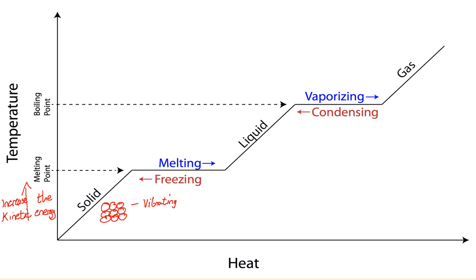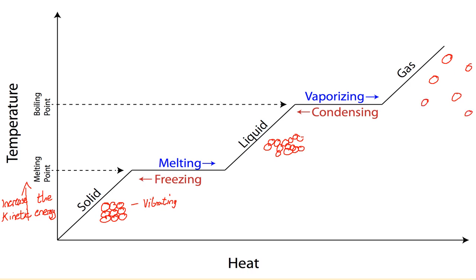At this point, as they get hotter, they vibrate more. When they vibrate more, they overcome the forces of attraction and turn into a liquid. So we've got an irregular pattern, but they are still all touching. Again, we can heat them up again, and they become a gas. At this point here, all over the place.